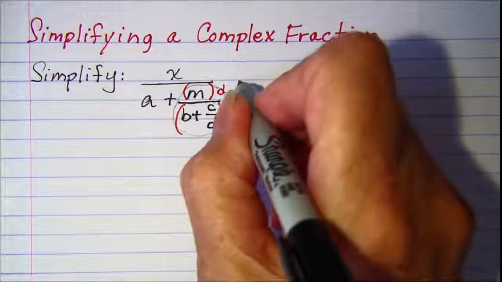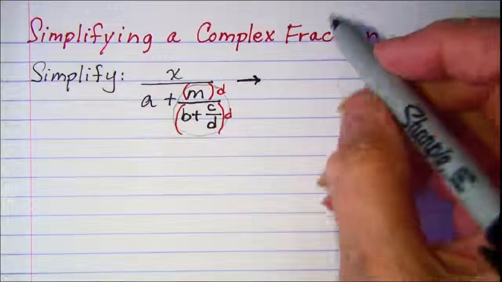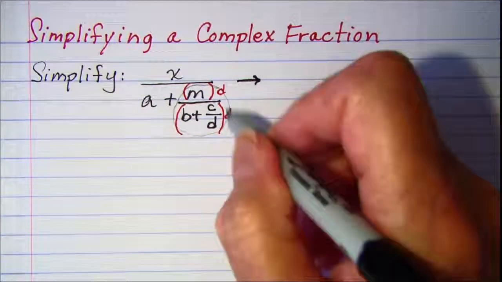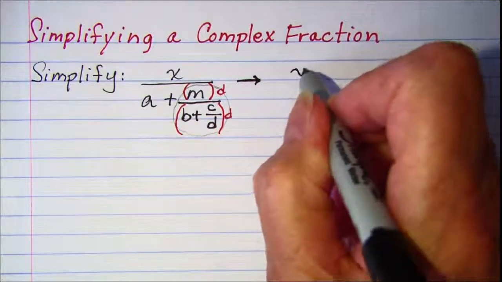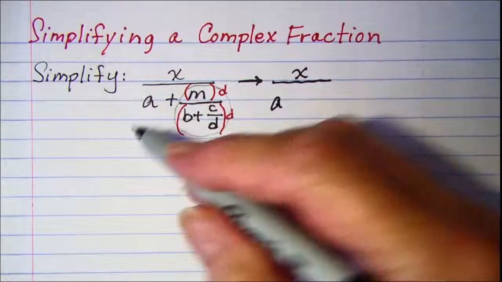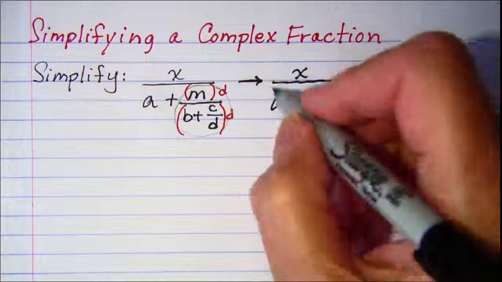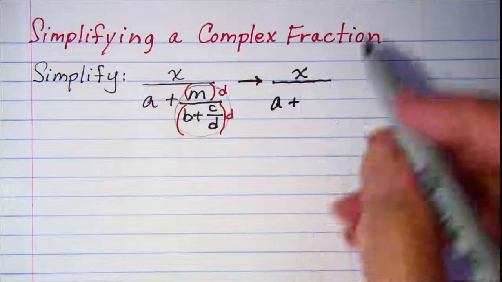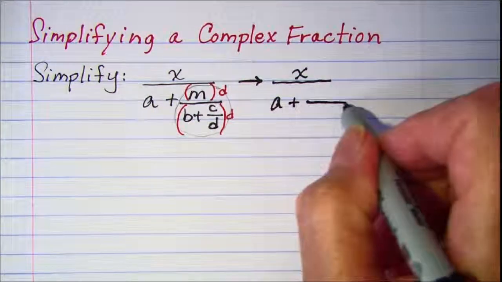Now let me just copy the things that are not affected by this multiplication. The x remains the same, and the a term here remains the same, plus, and now I'm going to have a fraction.